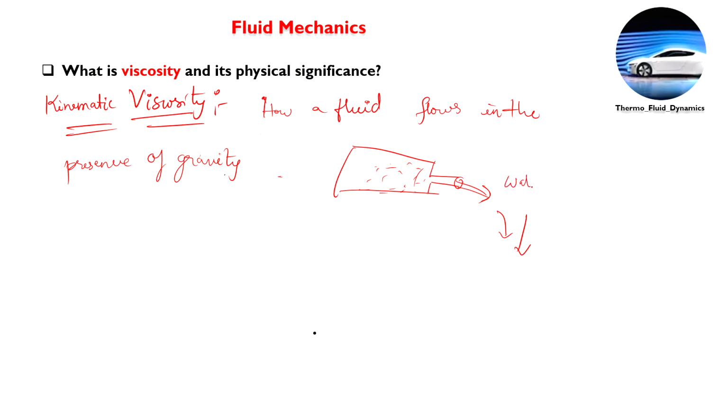Now if you consider water and oil, we observe that water flows faster and oil flows slower, or even honey flows very slowly. So kinematic viscosity is also described as how fast momentum gets transferred.